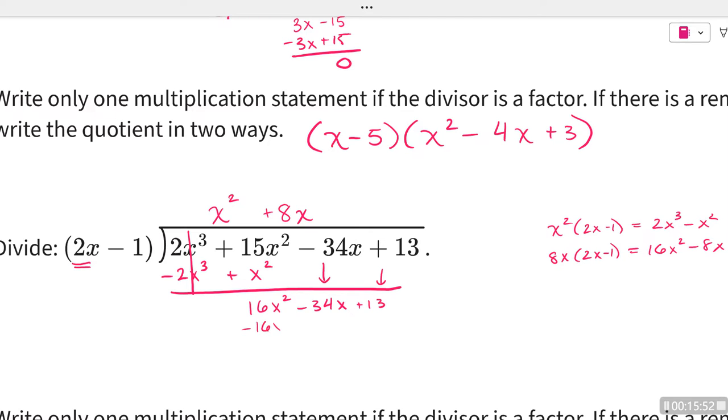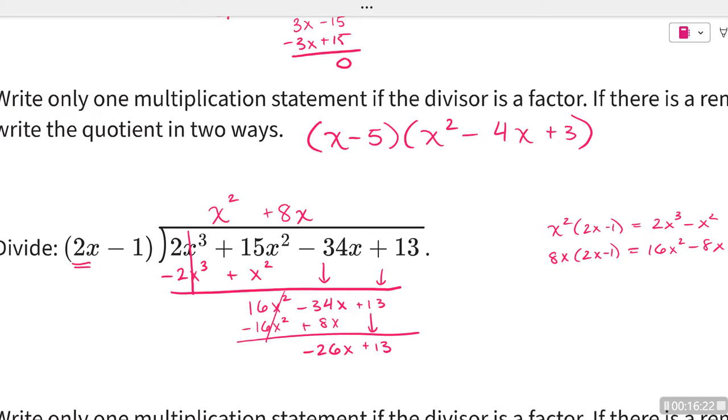So negative 16x squared plus 8x. So our first two leading terms reduce out, which is exactly what we want. So now negative 34x plus 8x gives us negative 26x. And let's pull down that 13.